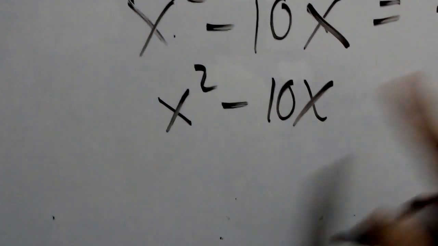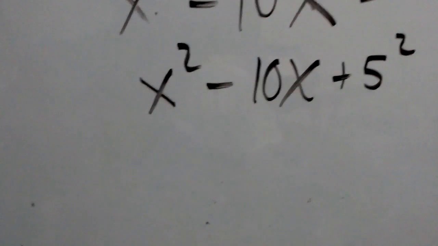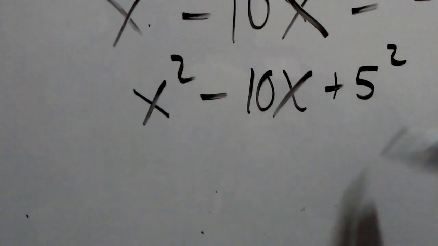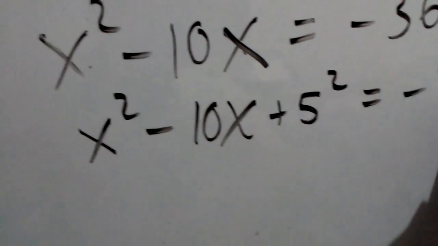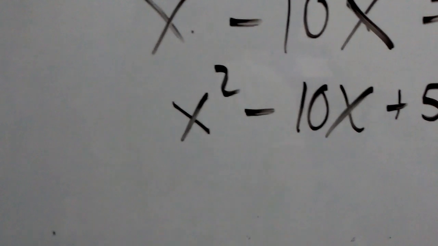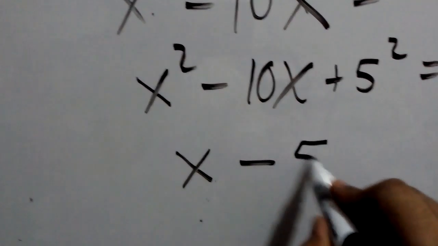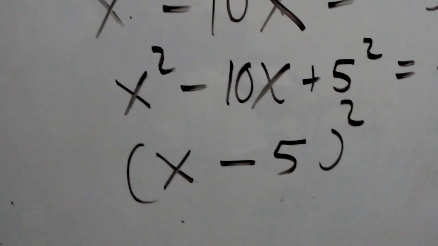It's the half of this, squared, so it's plus 5 squared. Yes, the half squared, and plus 25. 5 squared is 25. So this is x minus 5 squared.